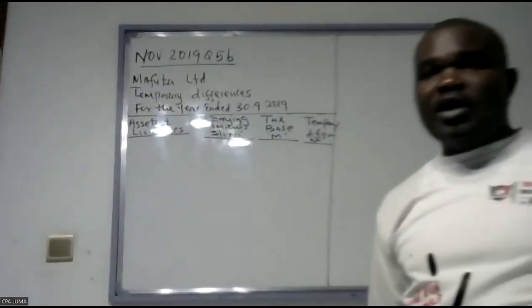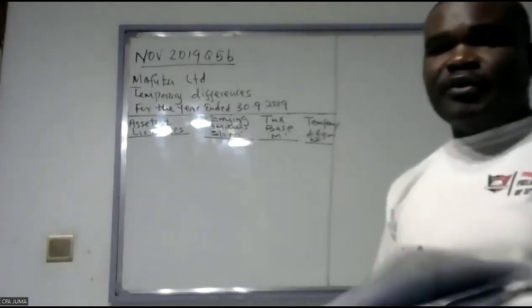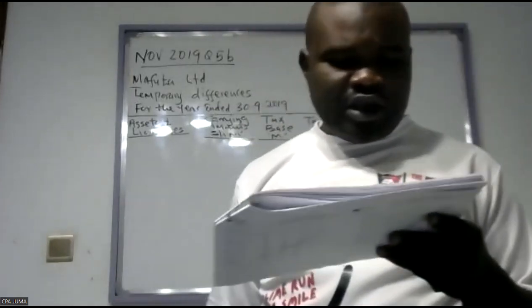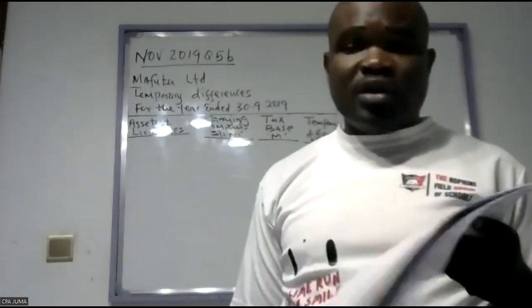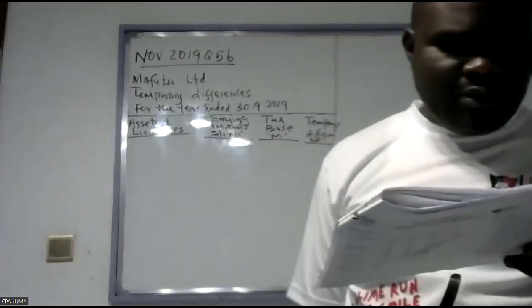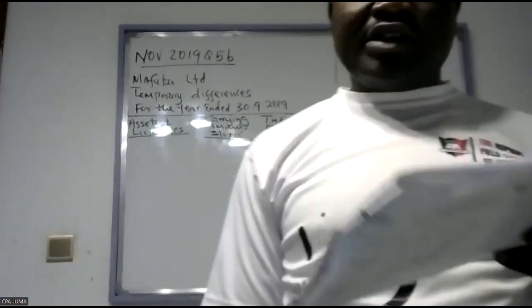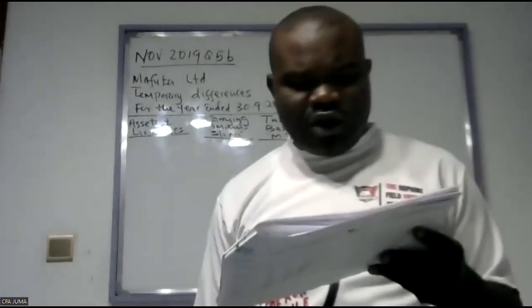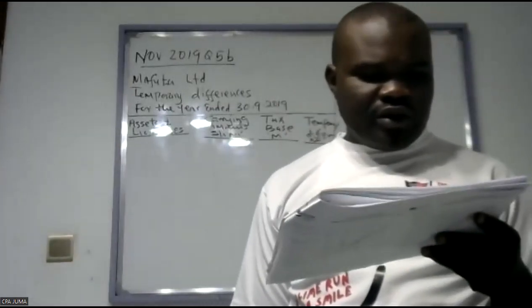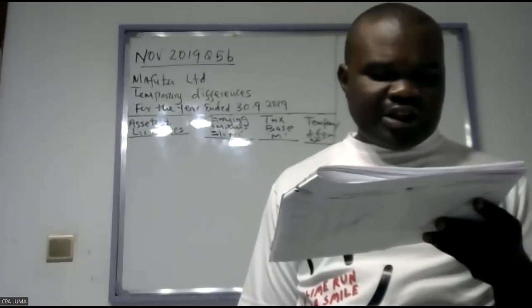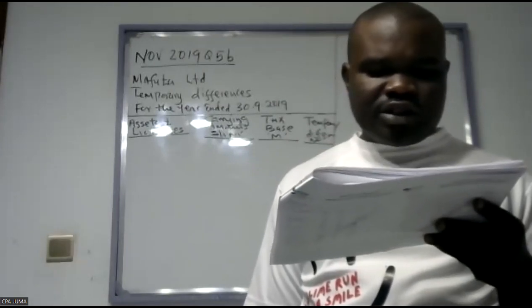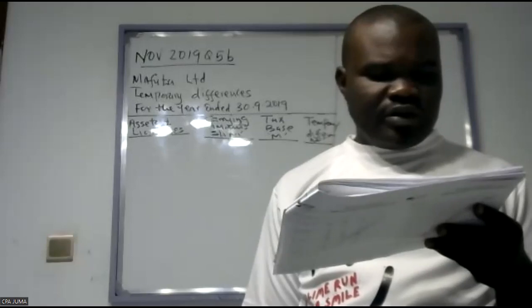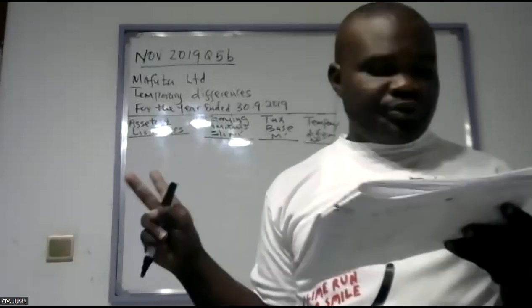So we read number 1. Number 1 says the company has available for sale financial assets with carrying amount of 80 million, and financial assets at fair value through profit and loss of 40 million. So there are two of them.